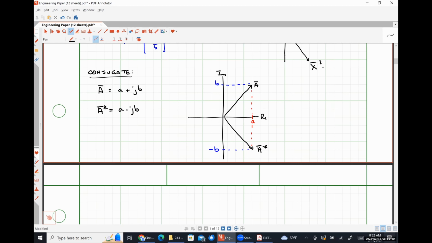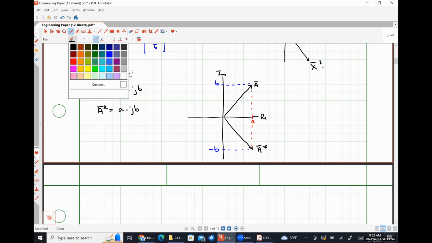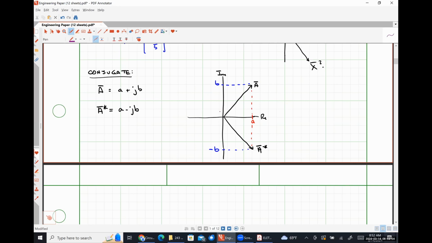Now let's look at things in context of the polar form parameters, right? So the length of this guy is exactly the same.